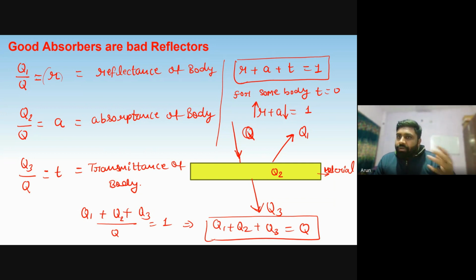It cannot absorb that much heat. But if I increase the value of A, R will decrease. Which means, as the line says, if any body is a good absorber, meaning higher A, it is a bad reflector, lower R.